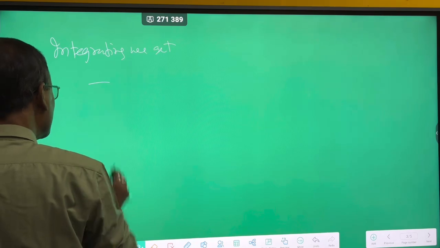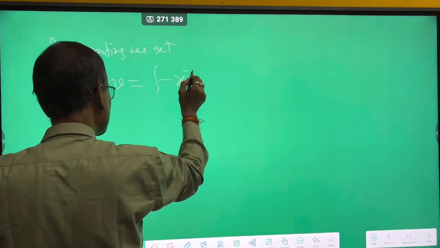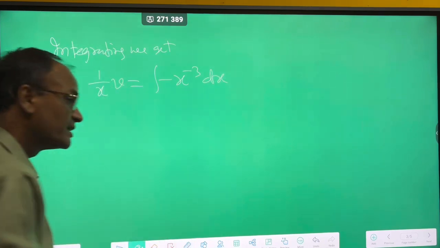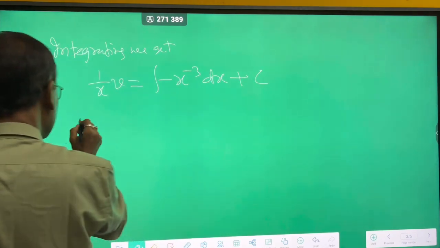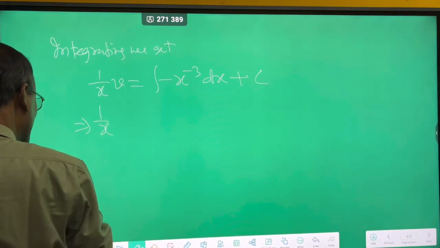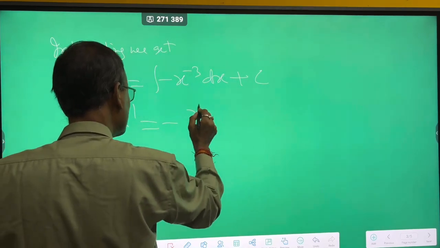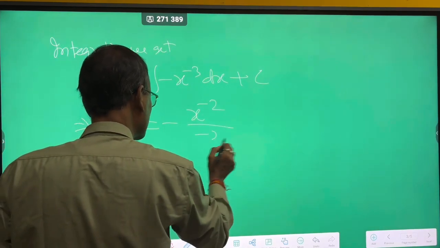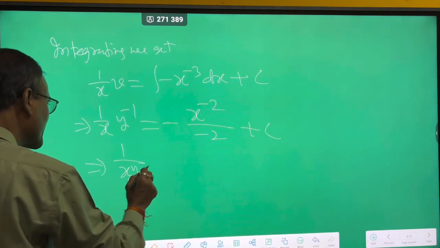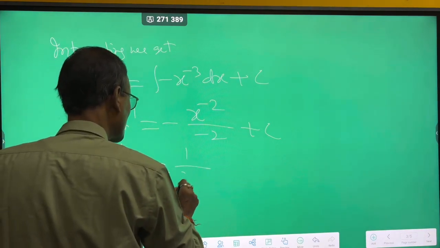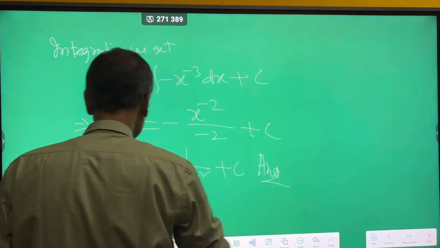So 1 by x v equal to integration of minus x to the power minus 3 dx plus c. What is v? v is equal to y to the power minus 1. So minus x to the power minus 2 divided by minus 2 plus c, or you may write 1 by xy equal to 1 by twice x square plus c. This is the answer.